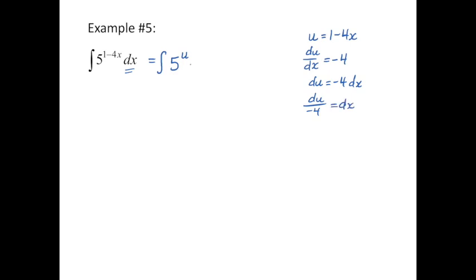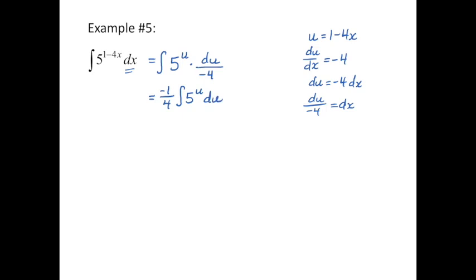So making that replacement in our integral, we get 5 to the u times du over negative 4. And similarly, that negative 4, we can bring out in front of the integral, and we could think of this as negative 1 over 4 times the integral of 5 to the u du.